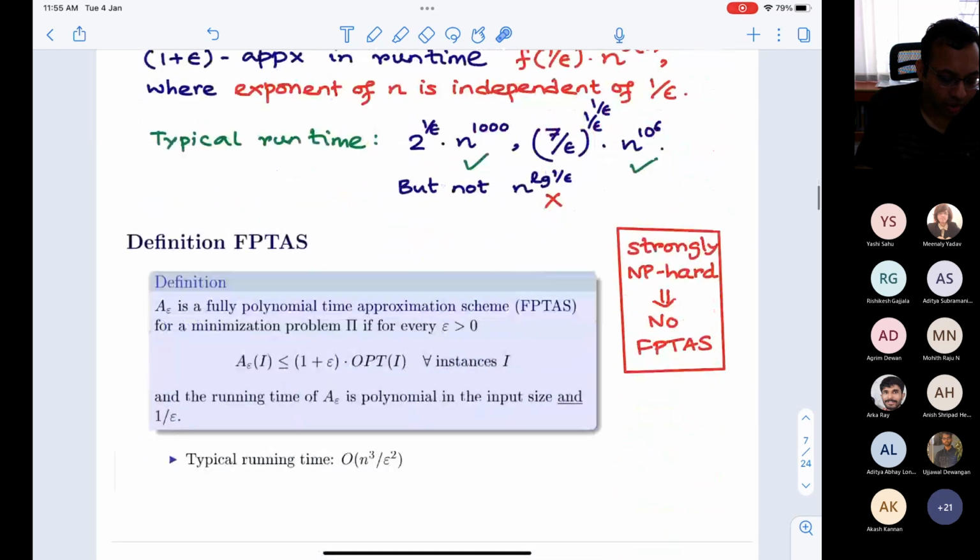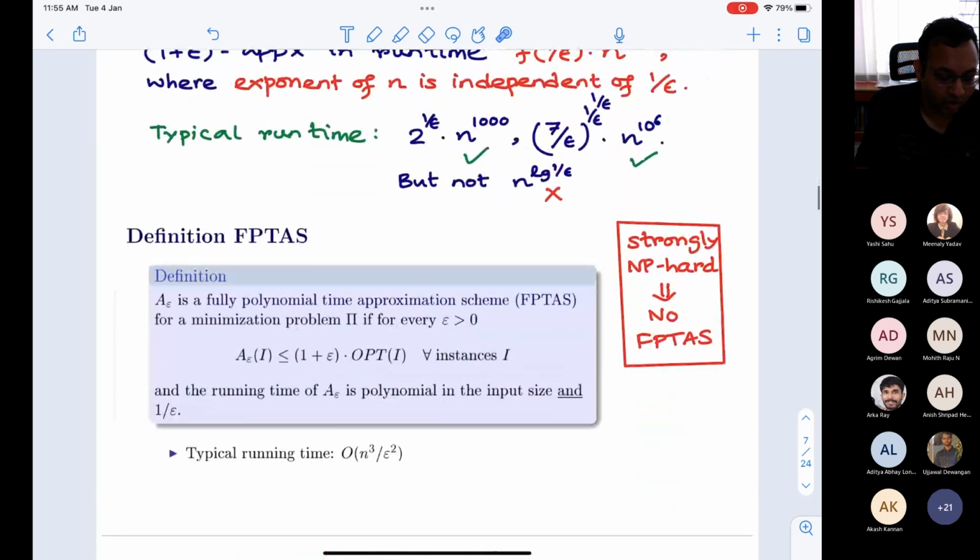And then finally, the strongest one is called FPTAS, or fully polynomial time approximation scheme. It's again a PTAS, but the runtime is of order n cubed by epsilon squared kind of terms. That means it's polynomial in input size and 1 by epsilon both.